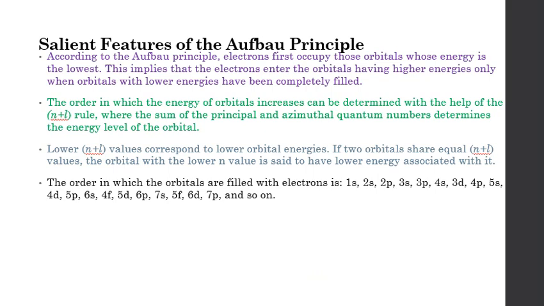Otherwise, if two subshells have different values of n plus l, then electrons are placed in the subshell which has lower n plus l value. The order of orbitals is 1s, 2s, 2p, 3s, 3p, 4s, 3d, etc.